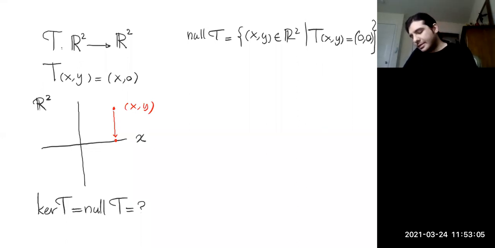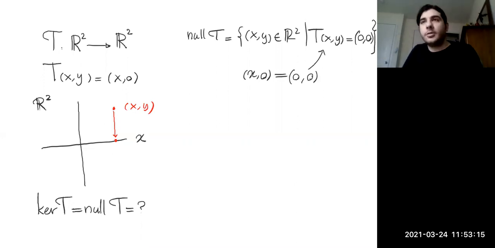On the other hand, T of (x, y) is equal to (x, 0). Therefore (x, 0) should be equal to (0, 0). The equality should hold component-wise, and it means x is equal to 0. As you can see, there is no restriction on y. y can be anything.